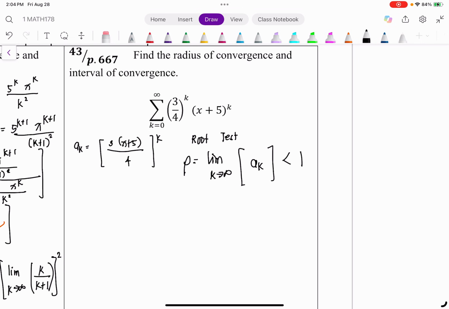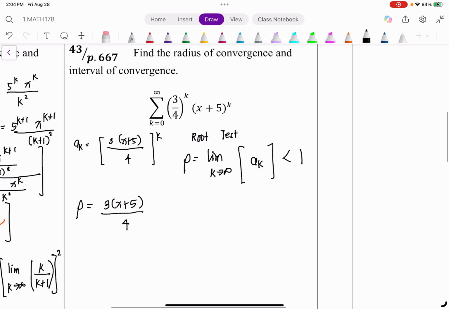So taking the kth root of anything raised to k, your rho would be 3 times x plus 5 all over 4, and the limit as k approaches infinity would be less than 1. So of course, you can see that there's no k here. So we're going to just have 3 over 4 times x plus 5.